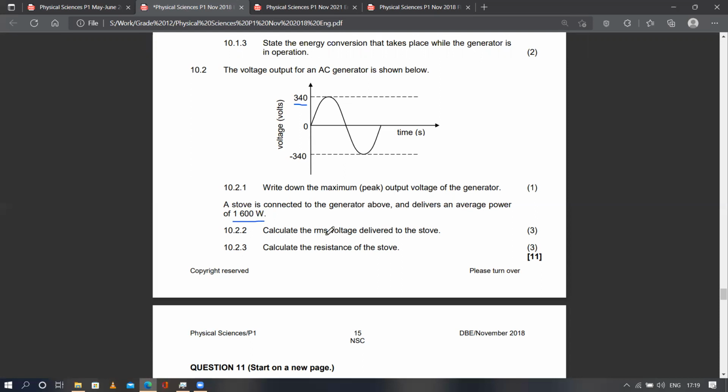They want you to calculate the root mean square voltage that's delivered to the stove. What you must know is that the root mean square voltage, V_rms, is equal to the maximum voltage divided by the square root of 2. This is also going to be a fairly easy question to answer.